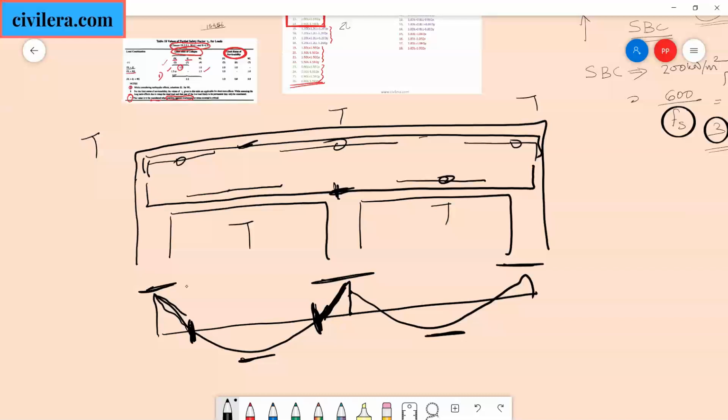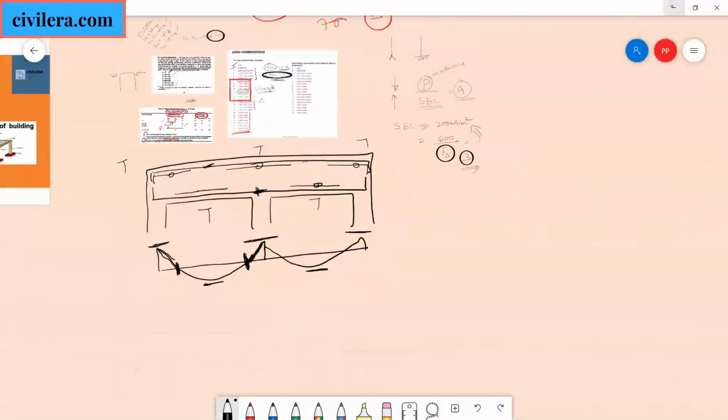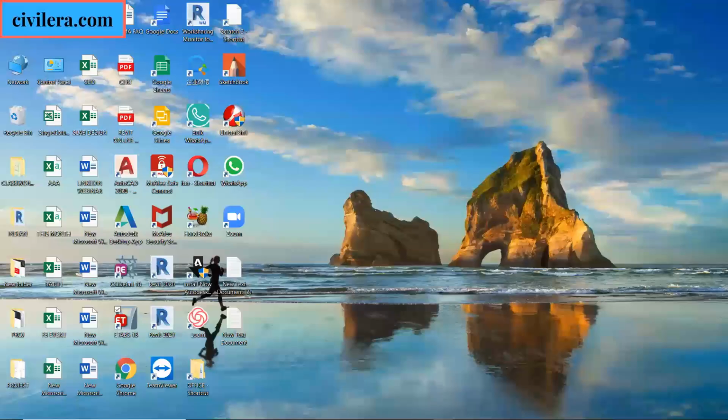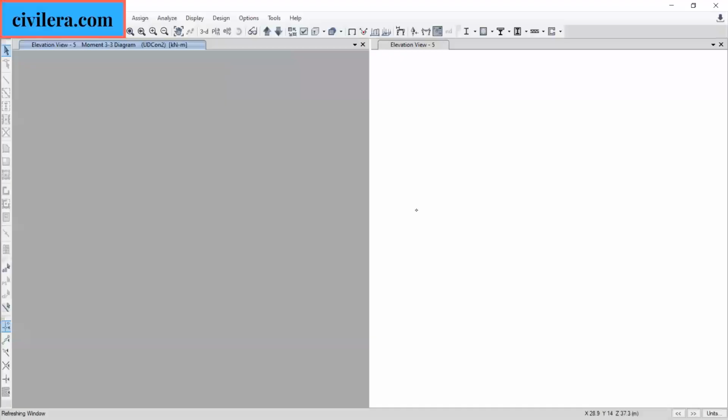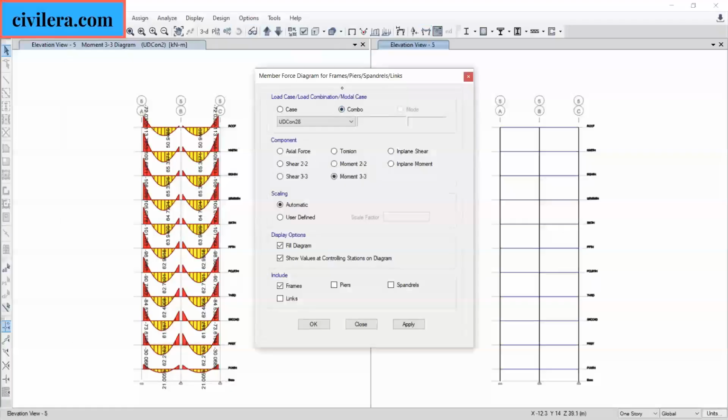So this is what you generally see when you learn your BTech or MTech. But let me show you one difference here. Now in this particular bending elevation view, let me put some other combination.